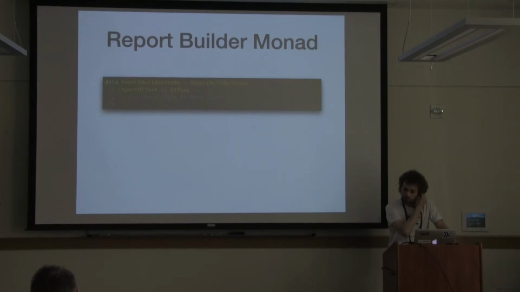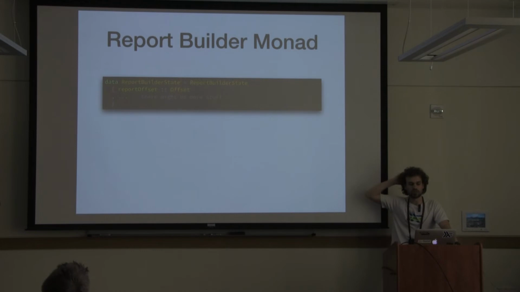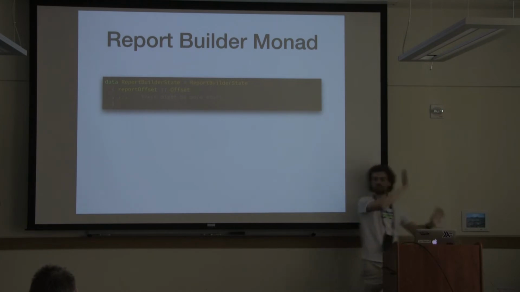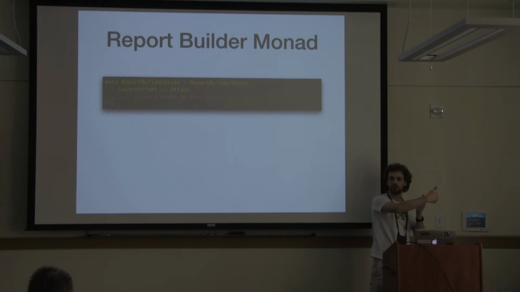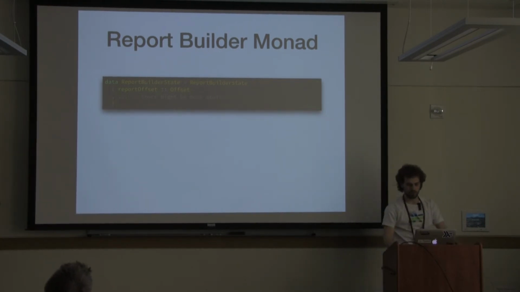So how do we do that? We wrap our definition in a builder setting, which is probably familiar to many of you because there are string builders and all other builder stuff. So for now, our builder state will only have the offset, and the offset is basically the rightmost column. So that when we add another column, we know that it's offset plus 1, and so on and so forth.